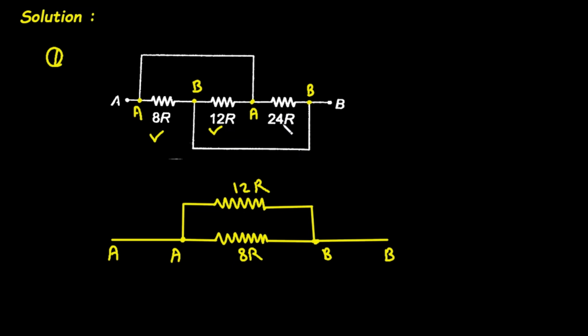Next we have to add this 24R. We have to add this between terminal A and B. So let's add like this. Now this is 24R.